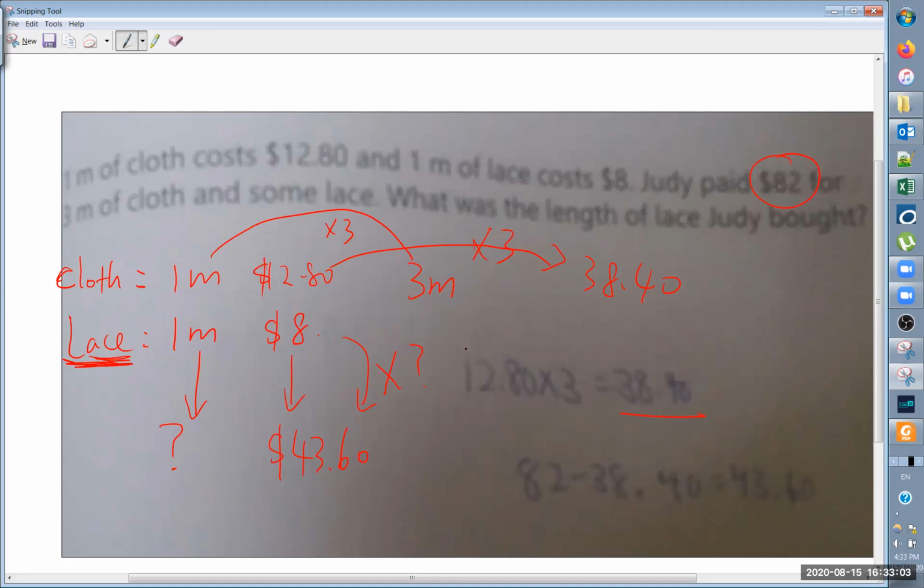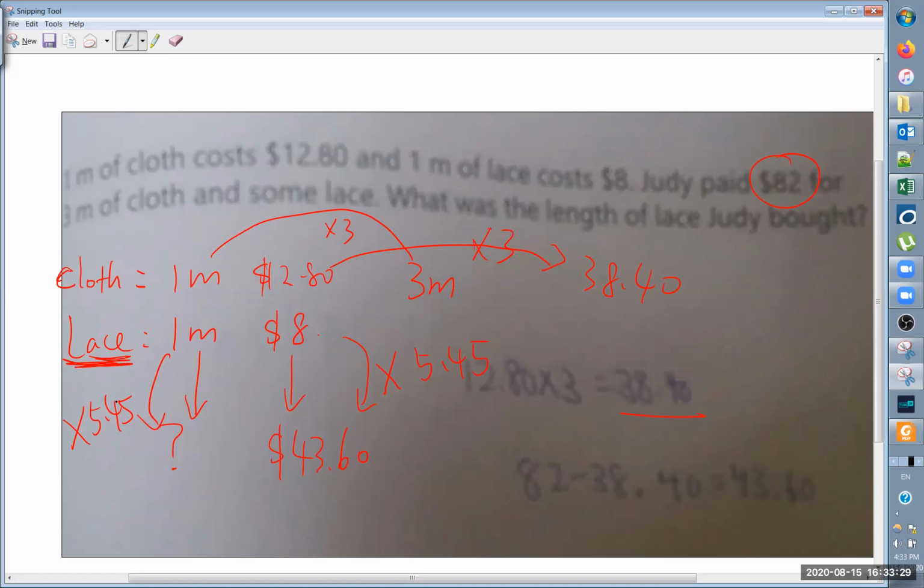Okay, so it's increased by 5.45 times. So since the money increased by 5.45 times, that means the length also must increase by 5.45. So what's the answer?